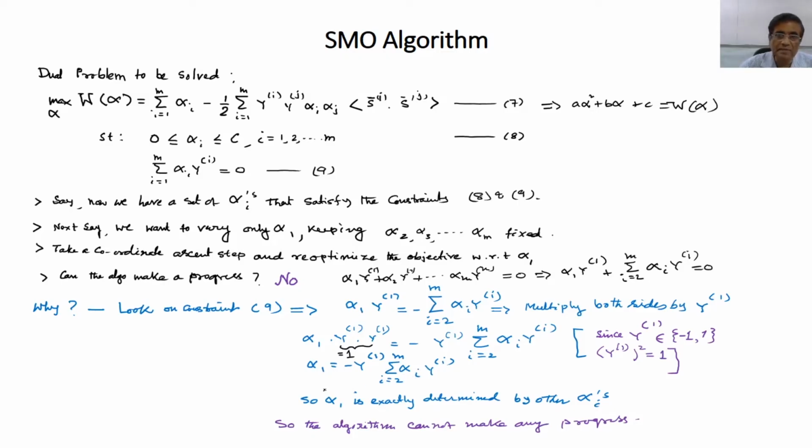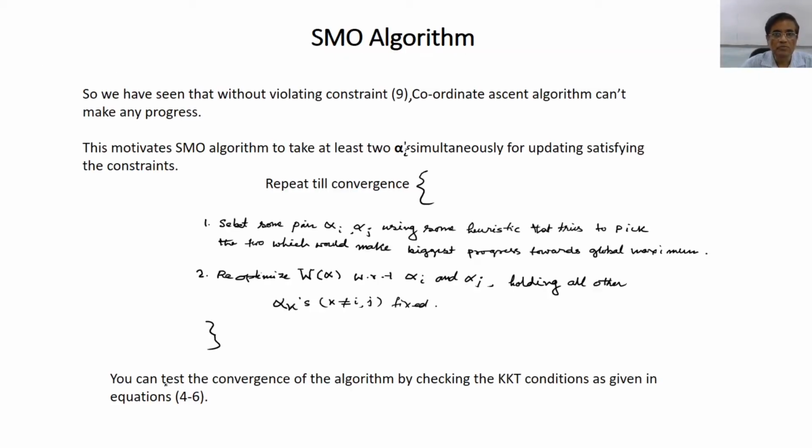So that is the reason the coordinate ascent algorithm as such cannot be used for training our support vector machine, because of the constraint. Otherwise, in many cases, it is a great algorithm for training. So we will have to look for something else, which is actually the SMO algorithm.